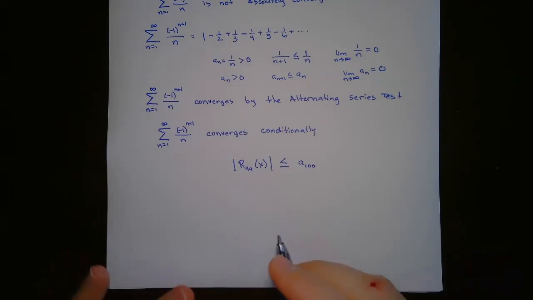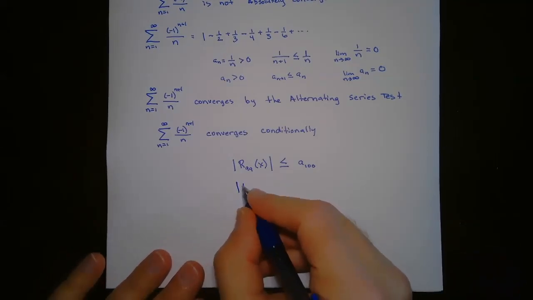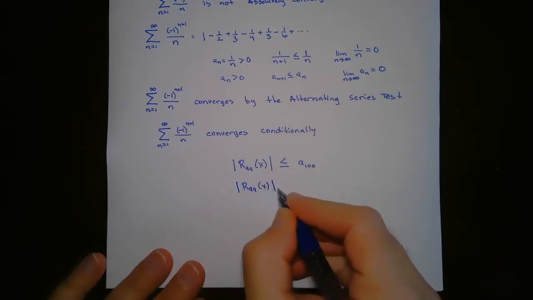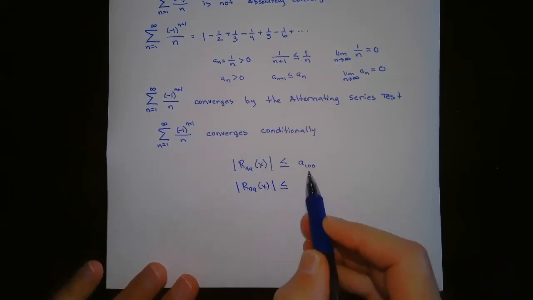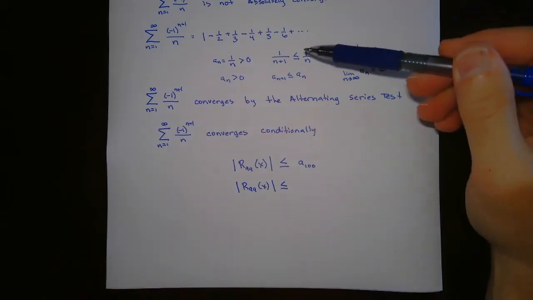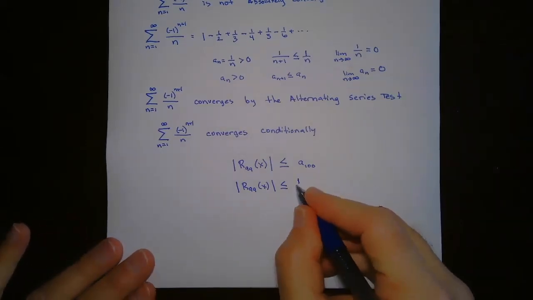So what this means is that the error, r sub 99 of x, has to be less than or equal to a sub 100. A sub 100 is the a sub n from up here, which is 1 over n, so this would be 1 over 100.